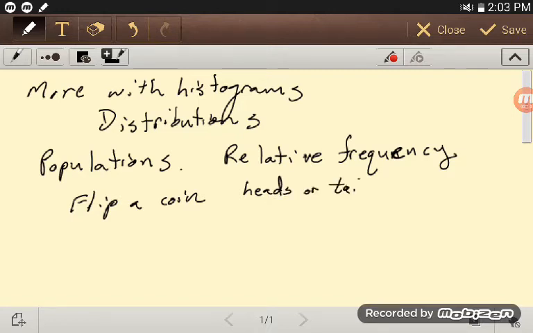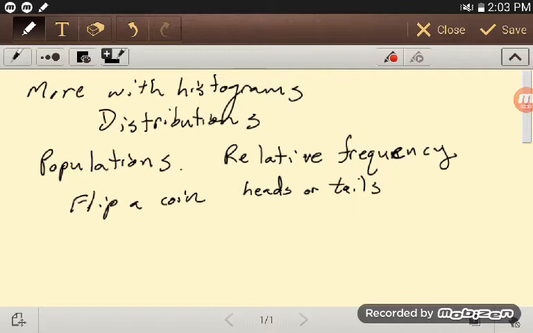I'm going to have those types of objects in my population, and we'd expect with a fair coin that we'd have 50% heads and 50% tails.